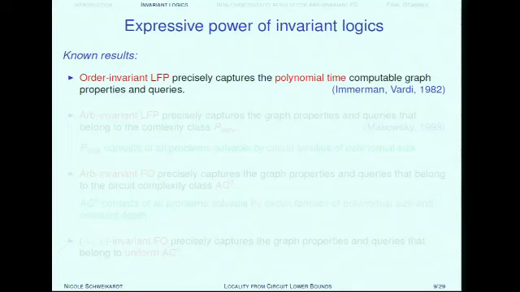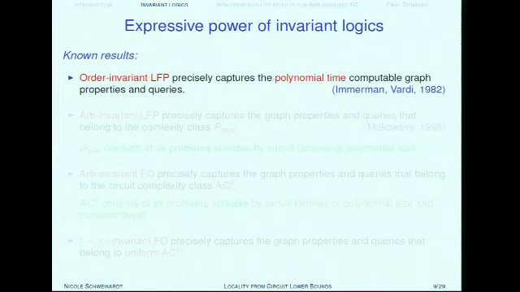Okay, so what else do we know about the expressiveness of invariant logics? Least fixed point logic on ordered structures precisely captures polynomial time properties of ordered structures. This means order-invariant least fixed point logic precisely captures the polynomial time computable graph properties and queries.